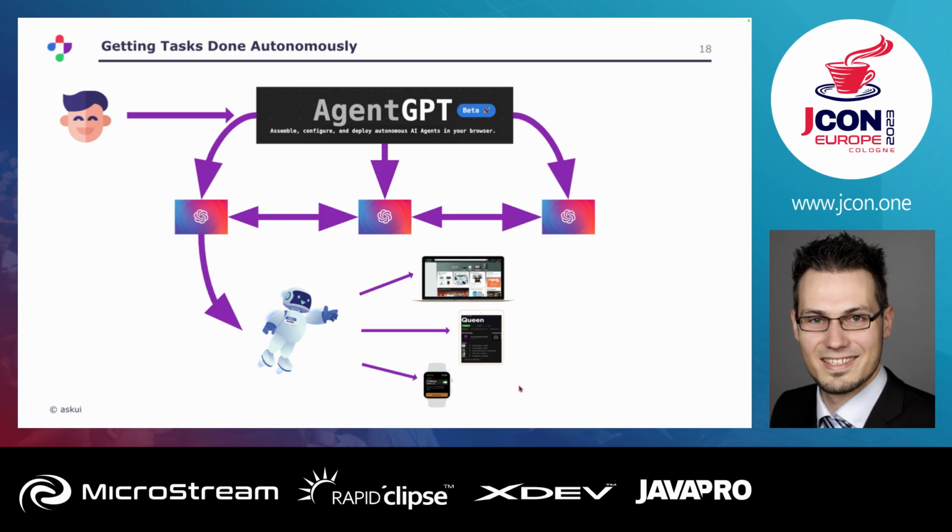And then, if you add something like real visual selection and real operating system automation, this is where the real power of automation comes in. So where we're heading is getting tasks done autonomously with advancement in large language models, in ChatGPT, and also in computer vision.